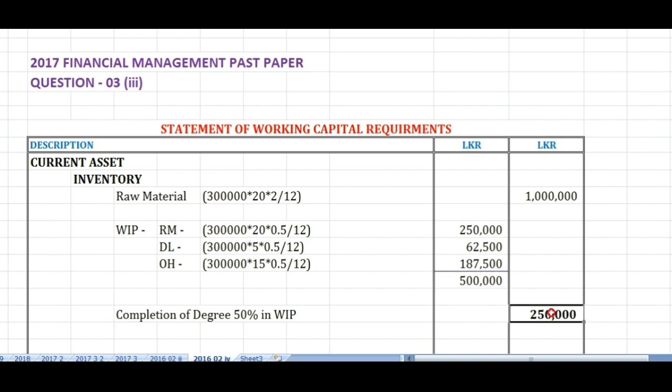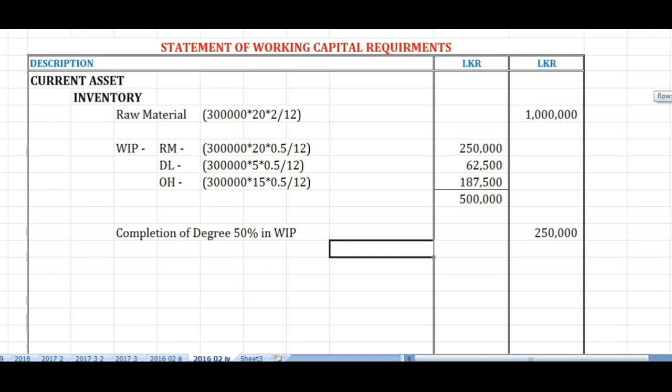So we can divide it by 2. 250,000 only can take into the working capital requirement. Now we have calculated raw material value and work in progress value and have to calculate finished goods value.